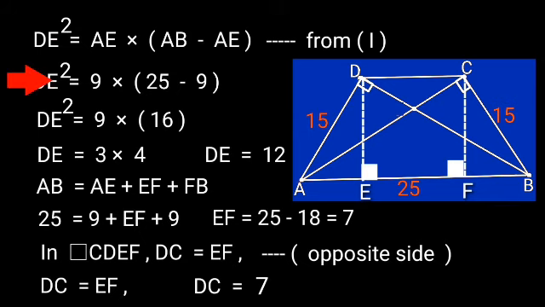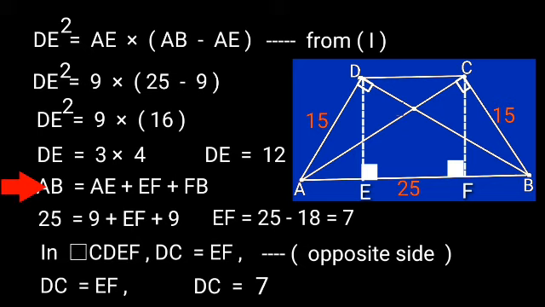Substituting the value of AE and AB, we get DE square is equal to 9 into bracket 25 minus 9. 25 minus 9, that is 16. Hence, DE square is equal to 9 into 16. Taking the square root of both sides, we get DE is equal to 3 into 4, that is DE is equal to 12.